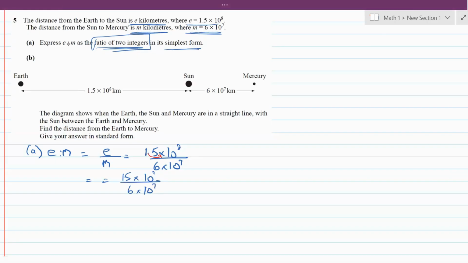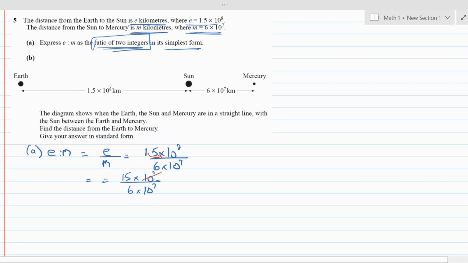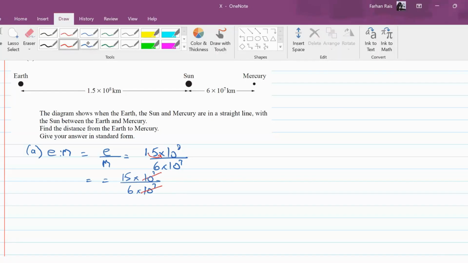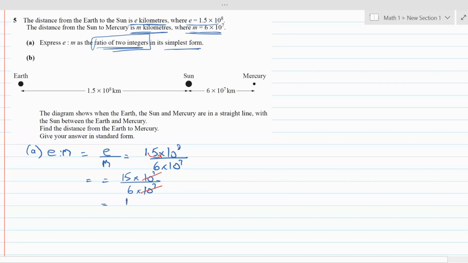Now 10 power 7 in the numerator and denominator get cancelled, leaving behind 15 upon 6 only. This can be simplified: 3 2s are 6, 3 5s are 15. So the answer is 5/2, a ratio of two integers.